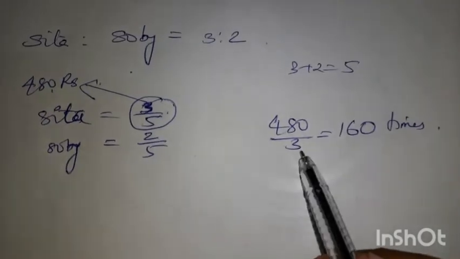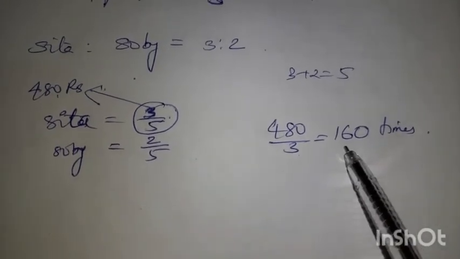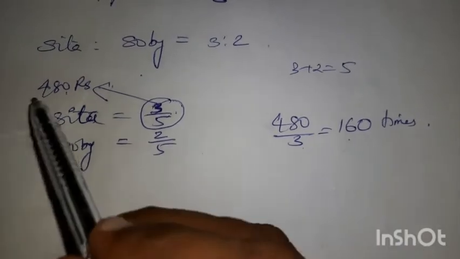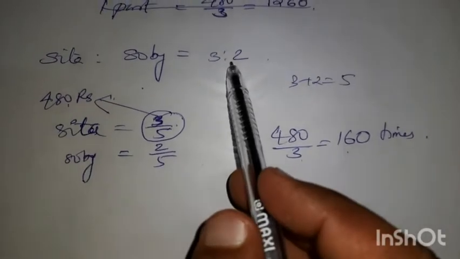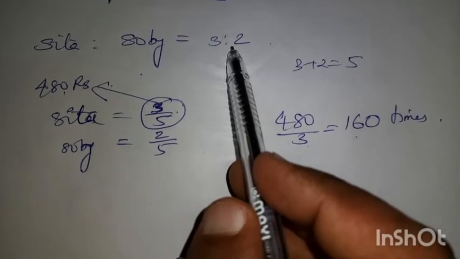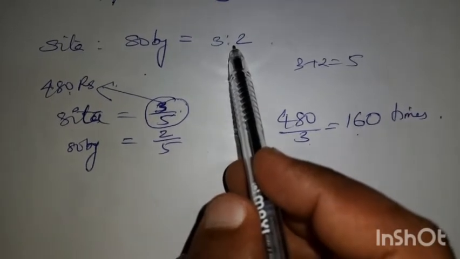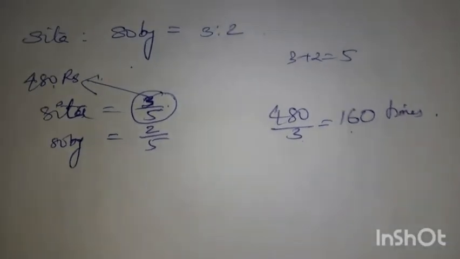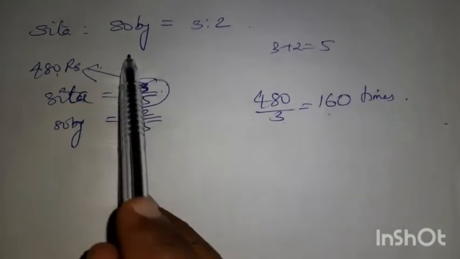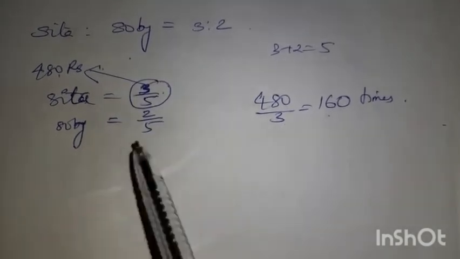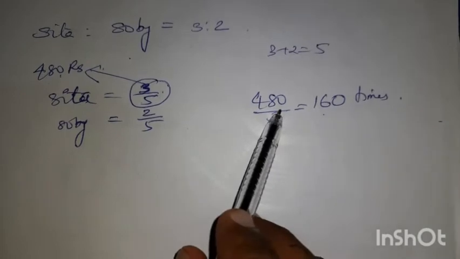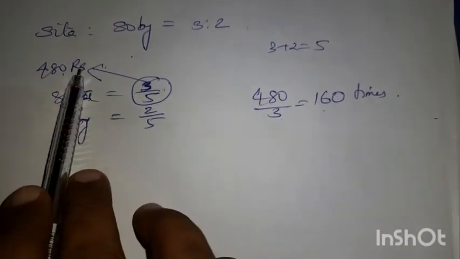So 3 parts of the total amount is how much? 480. Next you have to find out the 2 parts. So instead of finding out the 2 parts, they ask the total, how much. So 3 parts is how much? 480.